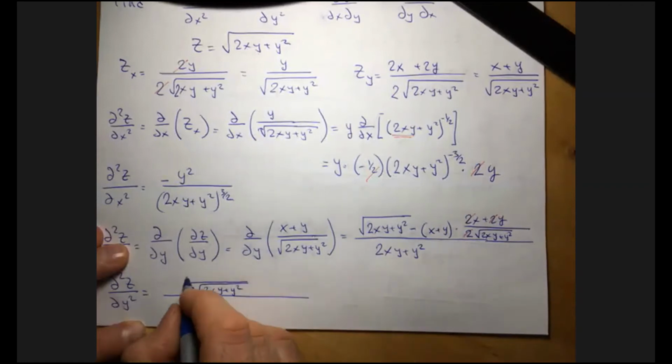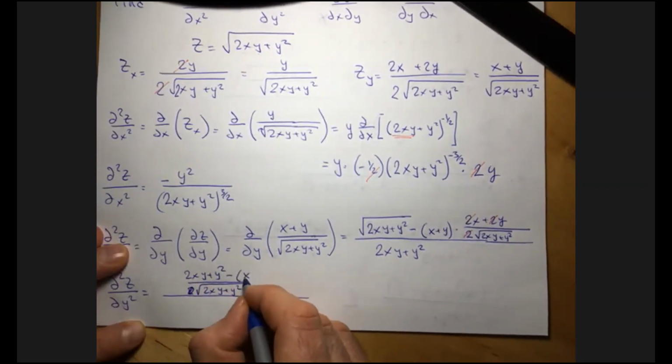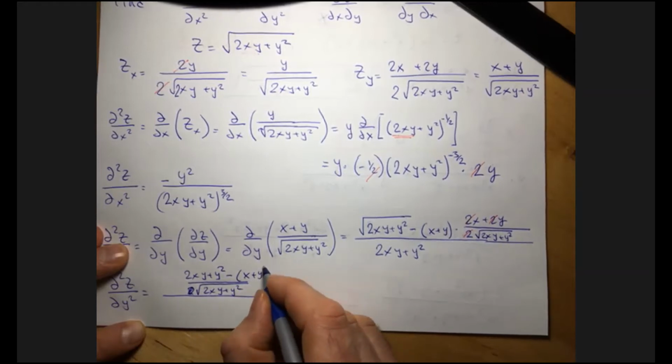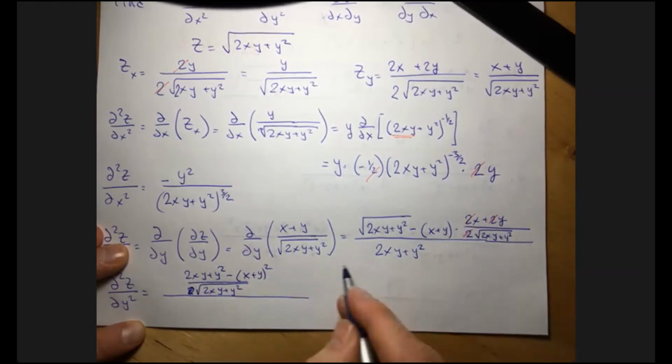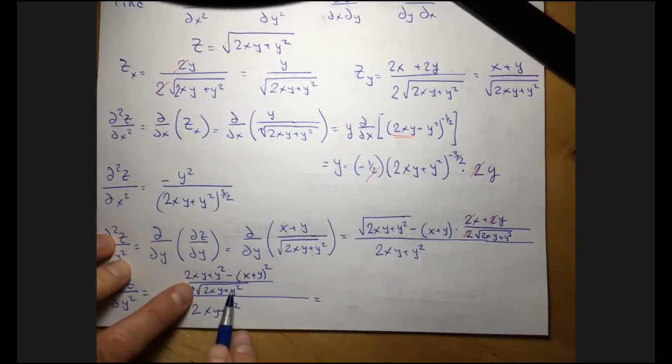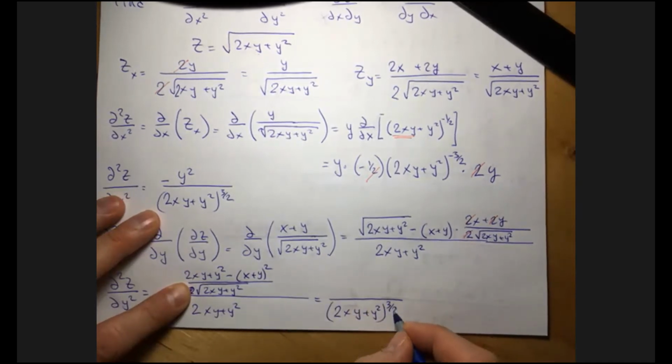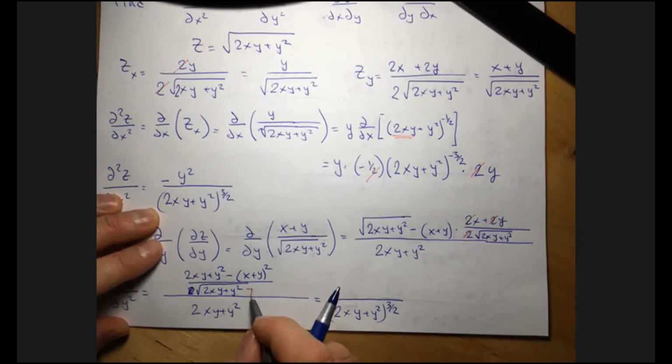Multiply this by this and you get 2xy plus y squared minus (x plus y) squared, over 2xy plus y squared. Now this is to power 1, this is to power 1/2. When I multiply that, I get 2xy plus y squared to power 3 over 2, right? This times this is equal to this.